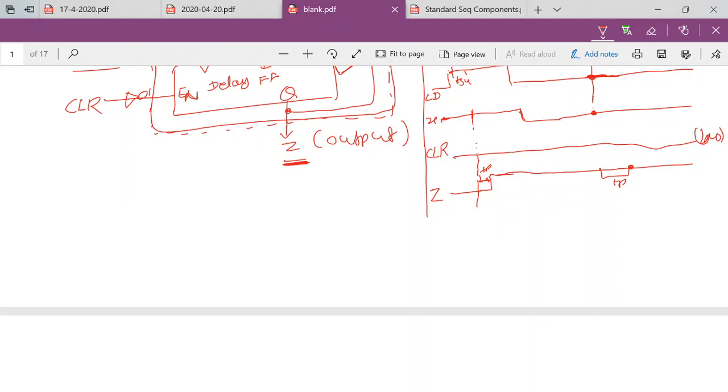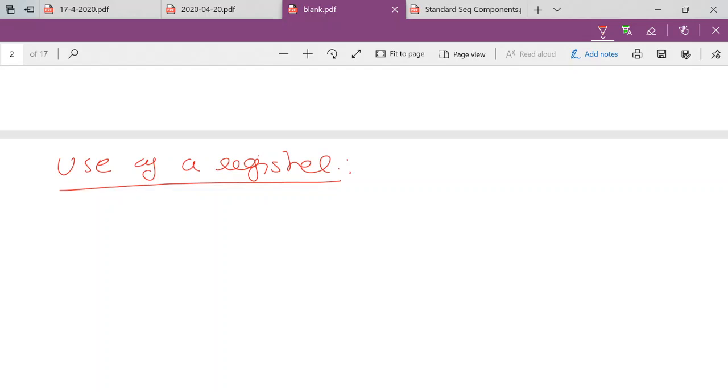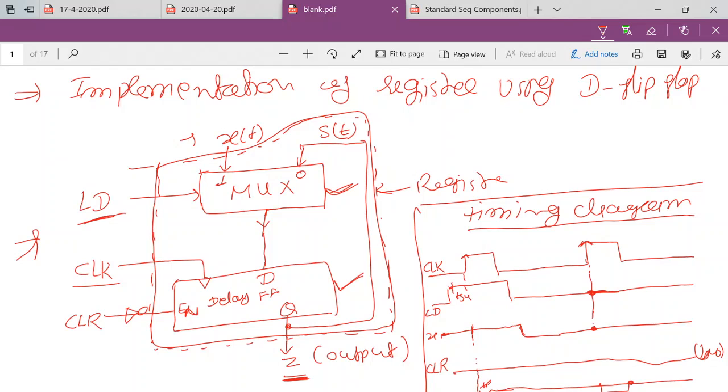I think by this you can understand the functionality of a register. Okay, now we will discuss the use of a register. We'll take this example to understand how we can use a register. You can see that a register is nothing but a flip-flop and a mux.